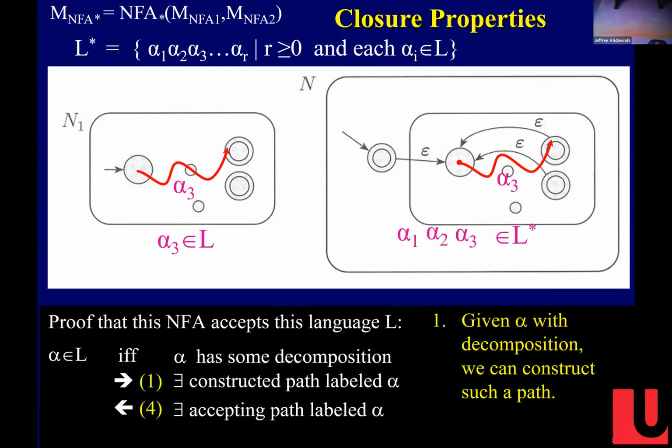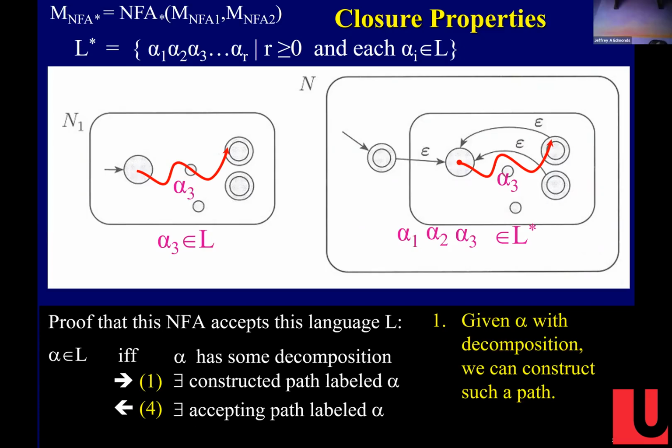Everybody follow that? So what we're proving is that if this string, alpha 1, alpha 2, alpha 3, up to alpha r, is in L star, then each alpha i is in L. And if each alpha is in L, then each alpha follows one of these paths, and we can combine them to get a path in this machine.